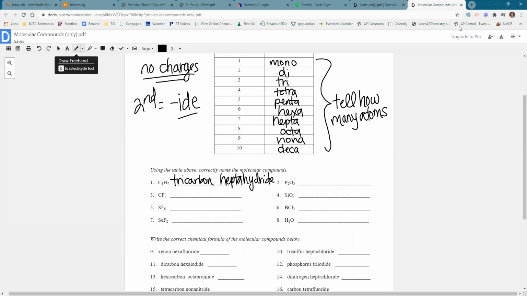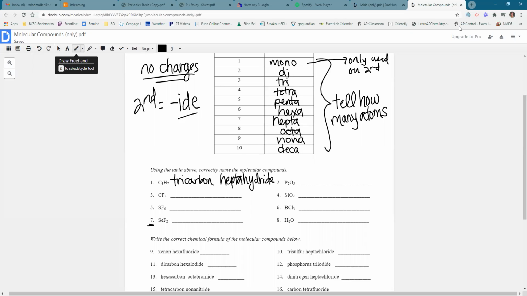Also, you only use mono on the second part. Like for number 7, we have SeF2. There's only one Se, and that's selenium, but we're not going to put monoselenium.